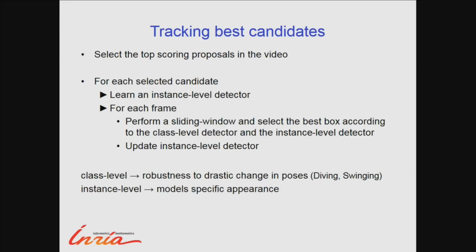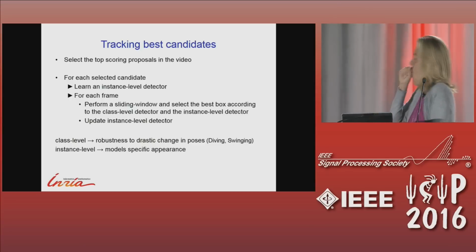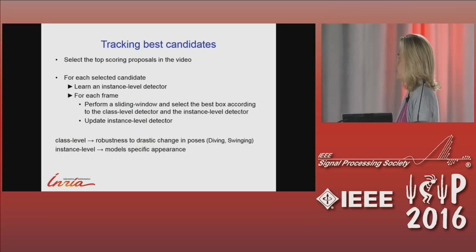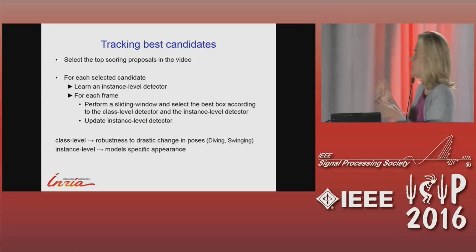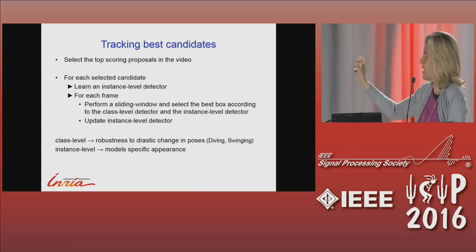And then in video, you have to track these proposals. Here, we first take the top scoring proposal in the video, and then we use the class-specific information which you get from the action classifier, but we also learn an instance-level detector. So we describe each frame based on the real person who is there. If there are two persons performing the same actions, it can distinguish between these two persons, and then perform a sliding window and select over time the best box.